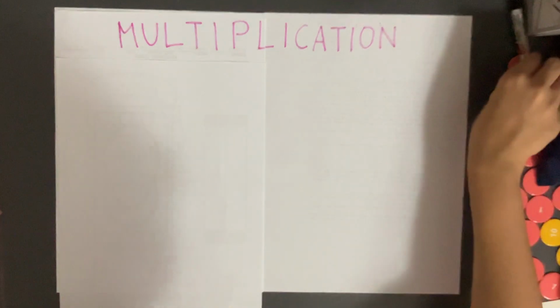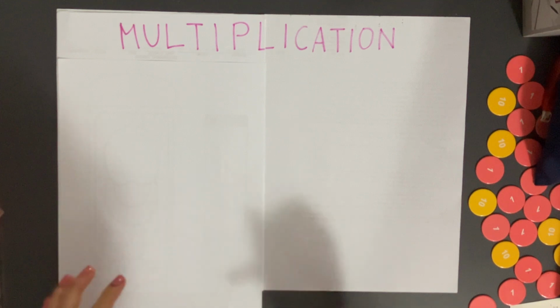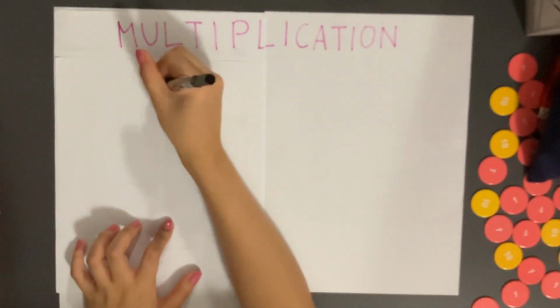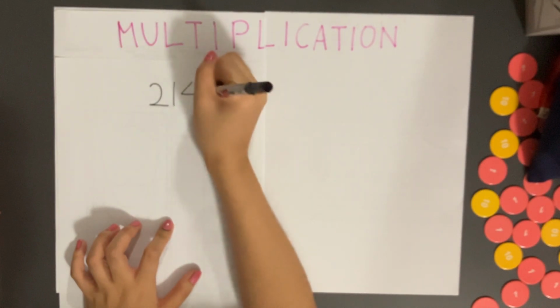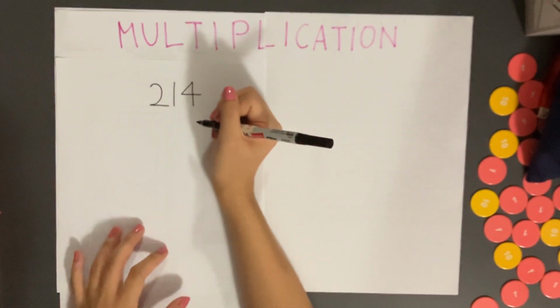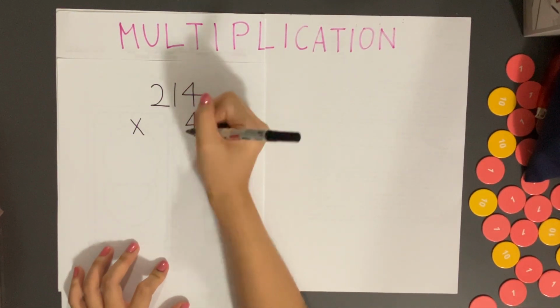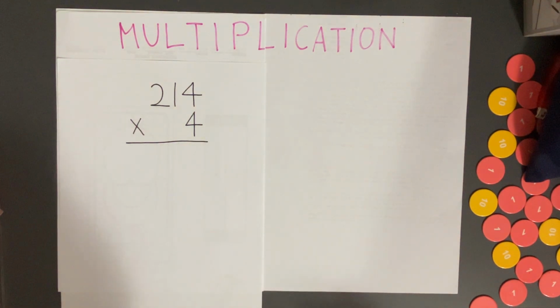Okay, so now let's say I want to find 214 times 4. Okay, so I'm not very sure how to do this, so let's use my number discs to help me.